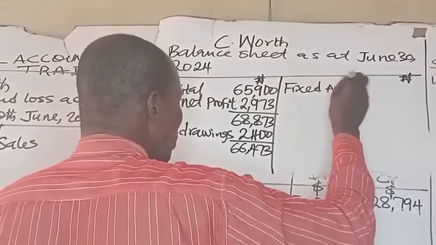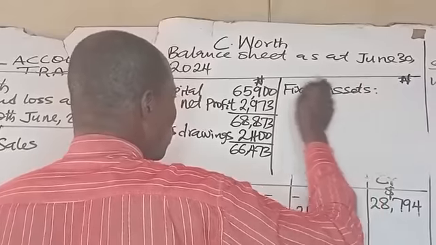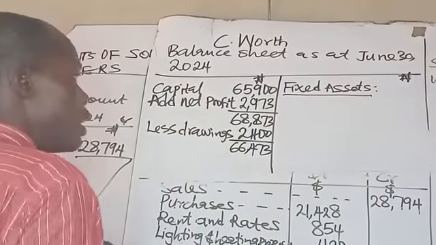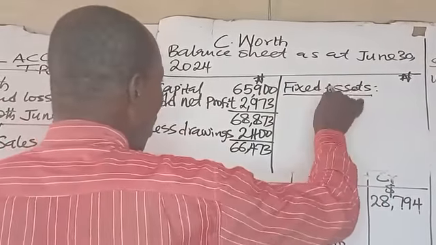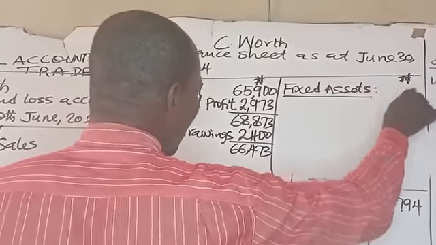Then at the right hand side, you have fixed assets. There is no depreciation in this question. So as a result of that, I may not necessarily write cost, accumulated depreciation, and net book value.